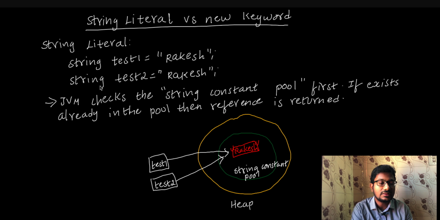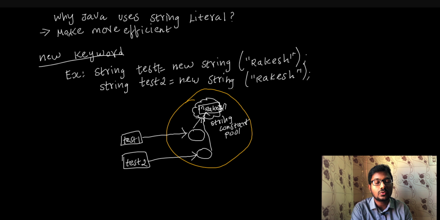While executing the second statement, it will check whether Rakesh data is already present in the string constant pool. In this case, Rakesh data is already present. So it will return the reference of the existing data to the test2 variable. This way it improves efficiency.